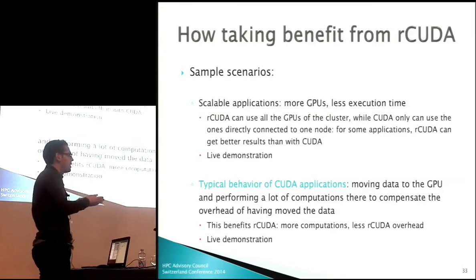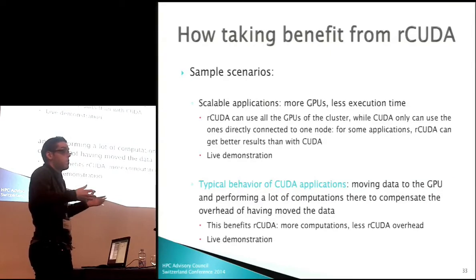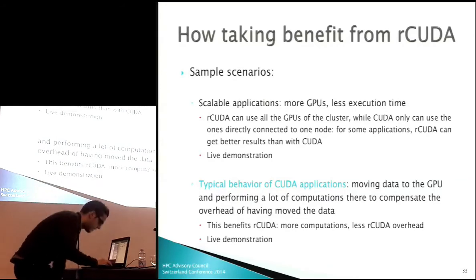With rCUDA, this behavior matches, but we have to compensate the extra time, as I have said before, of having moved data also through the network. So typically, we will have to perform more computations in order to avoid the overhead of using a remote GPU instead of a local GPU. So let's see that.